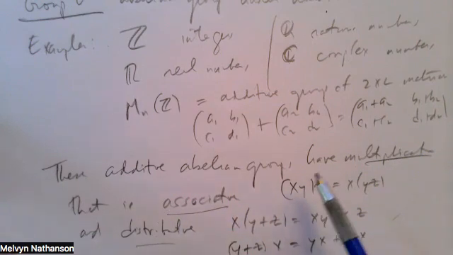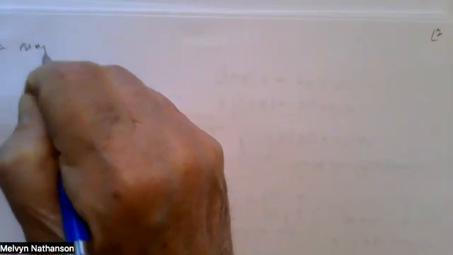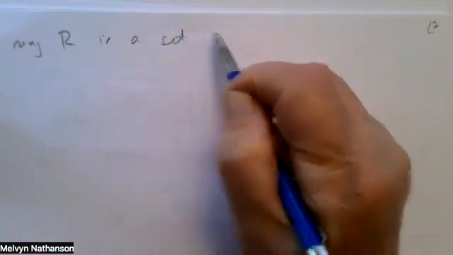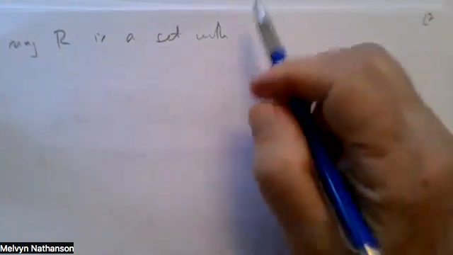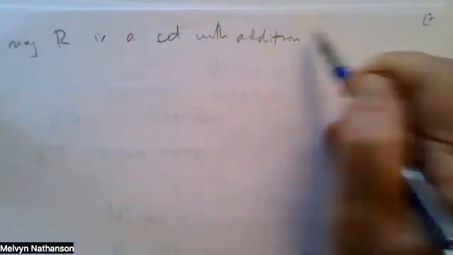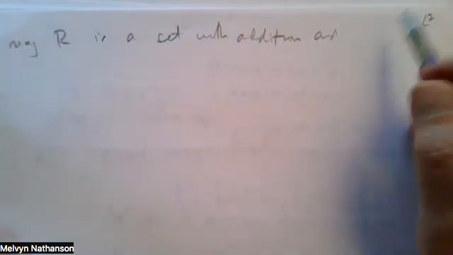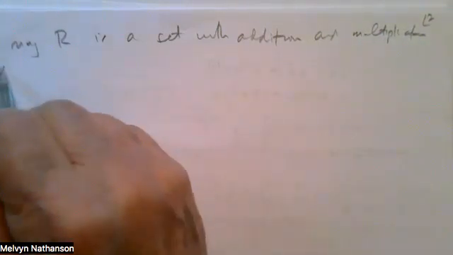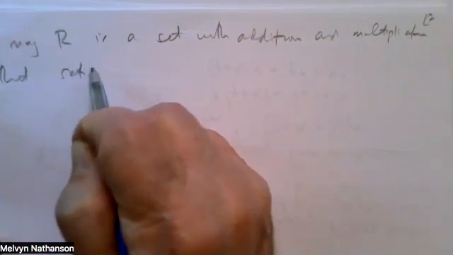And an abelian group that has a multiplication that is associative and distributive is called a ring. So a ring R is a set with 2 binary operations, addition and multiplication, that satisfy the following properties.